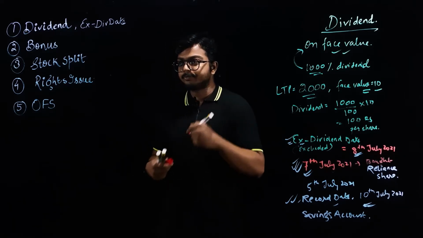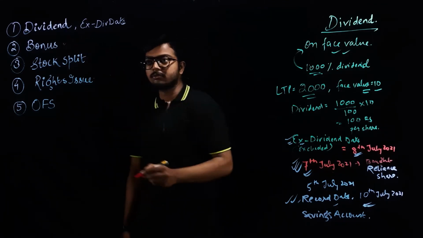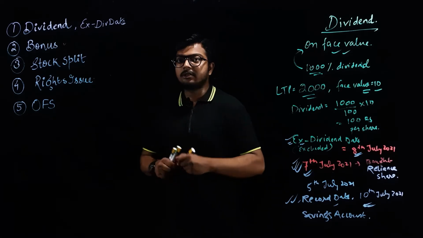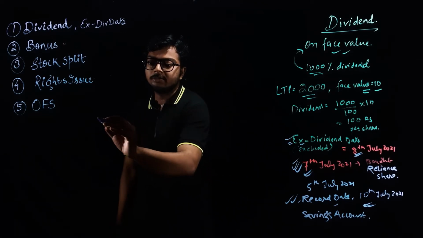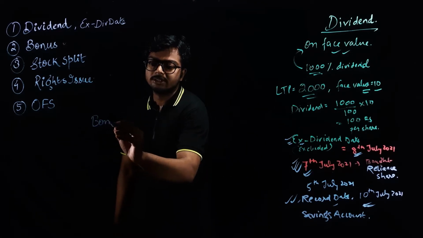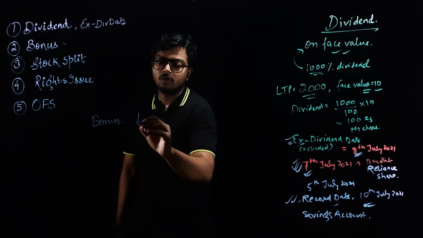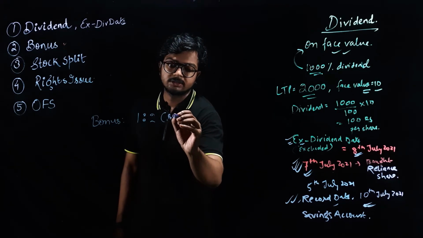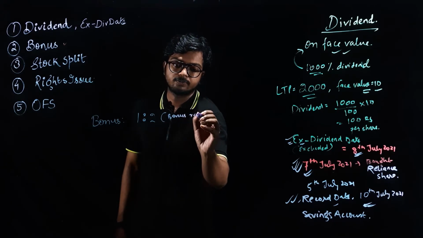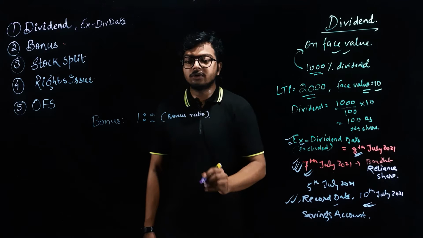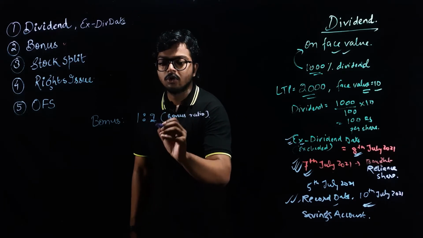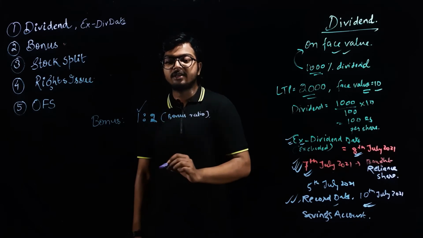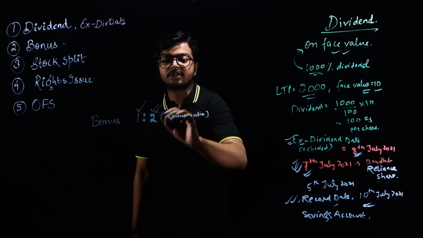Now let's see bonus. So for example, the company declares a bonus of 1:2. This is the bonus ratio. What does that mean? This means that for every one share, you would be getting 2 shares.